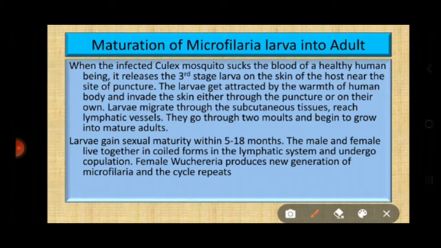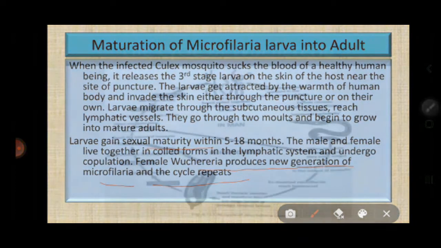These larvae begin to grow into mature adults in approximately 5 to 18 months. They attain sexual maturity. The male and female live together in coiled forms in the lymphatic system and undergo copulation. Again, the female Wuchereria produces a new generation of microfilaria and then the cycle repeats.